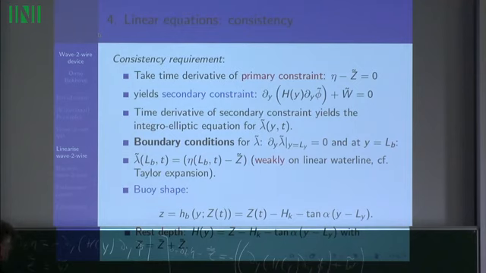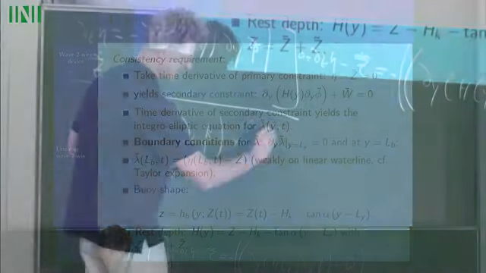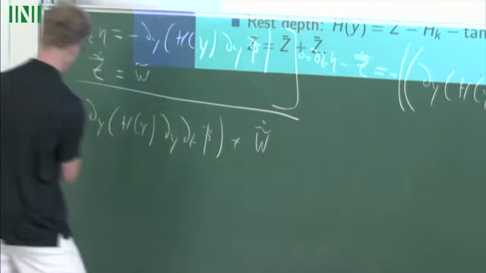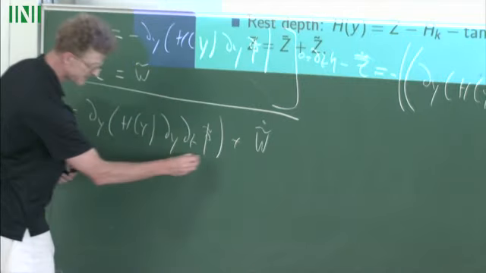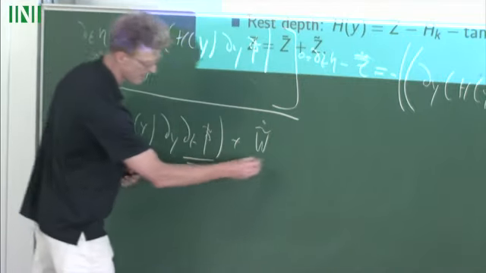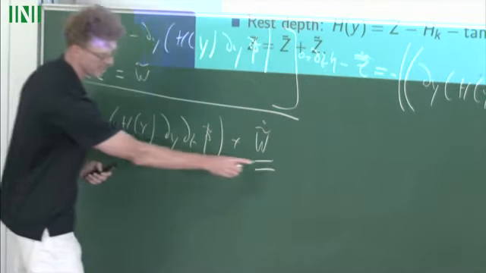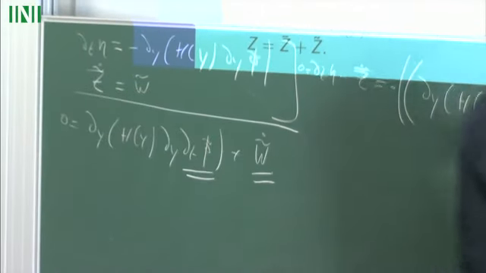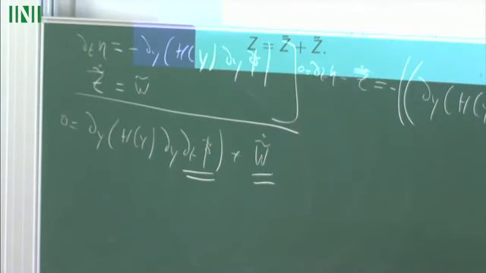I need to take the time derivative of this one. So that's dy dt phi tilde plus the time derivative of this, and this needs to be 0. Now of course I have an equation for this term, and I have an equation for this term, which were on the previous slide. So I substitute those.